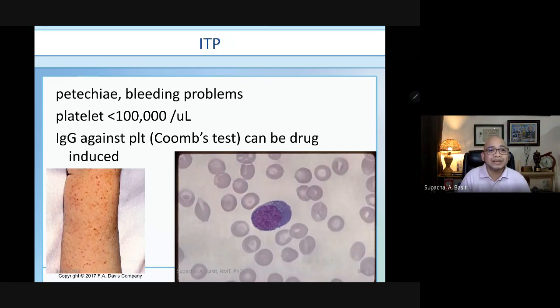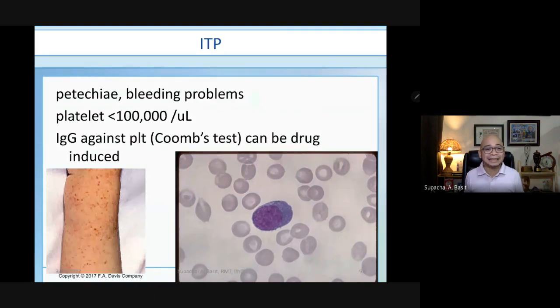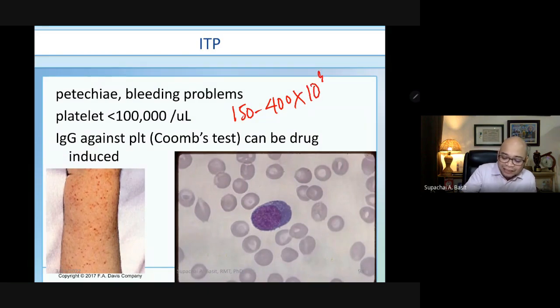Then we also have immune idiopathic thrombocytopenic purpura. Okay, this time the antibodies destroy our own platelets. Hence, it is characterized by petechiae, bleeding problems, and platelets of less than 100,000. So remember, the normal range of platelets is between 150,000 to 400,000 cells per cubic millimeter, or 150 to 400 times 10 to the 9 per liter.